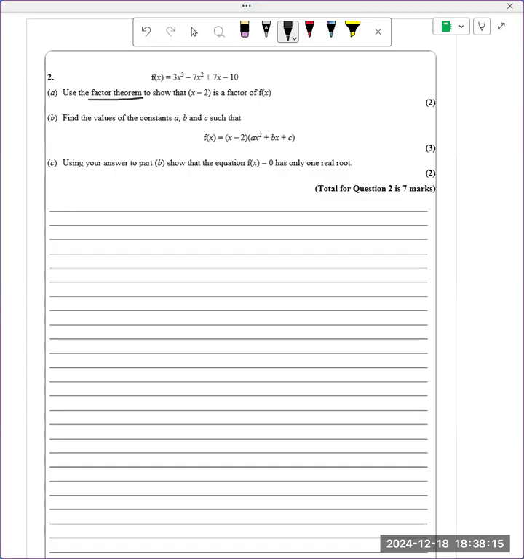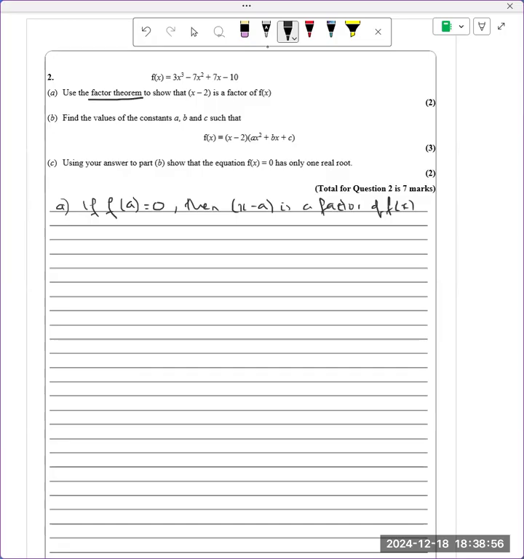You may want to do long division for part B, but it doesn't get you any marks in part A. You have to use the factor theorem, and the factor theorem says that if f of A equals 0, then x minus A is a factor of f of x. Okay, so this is what we have to use.